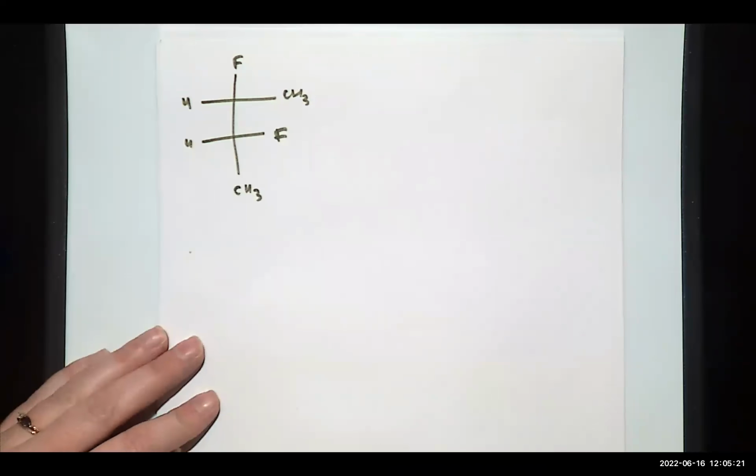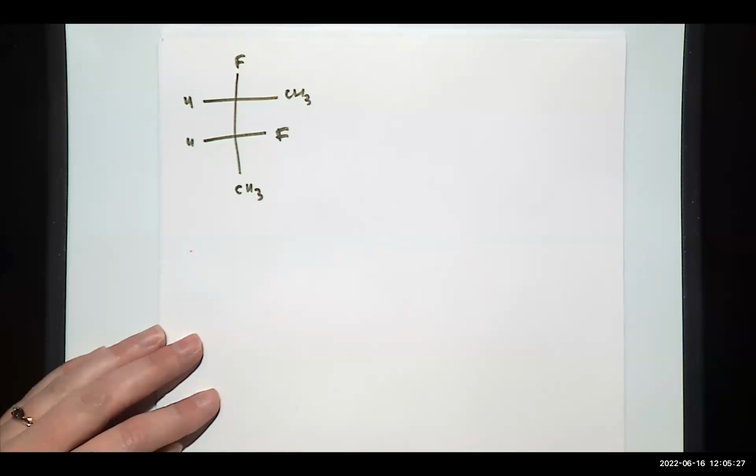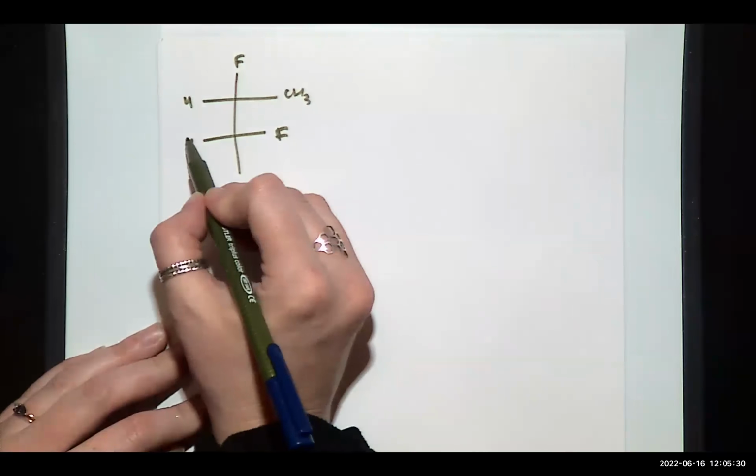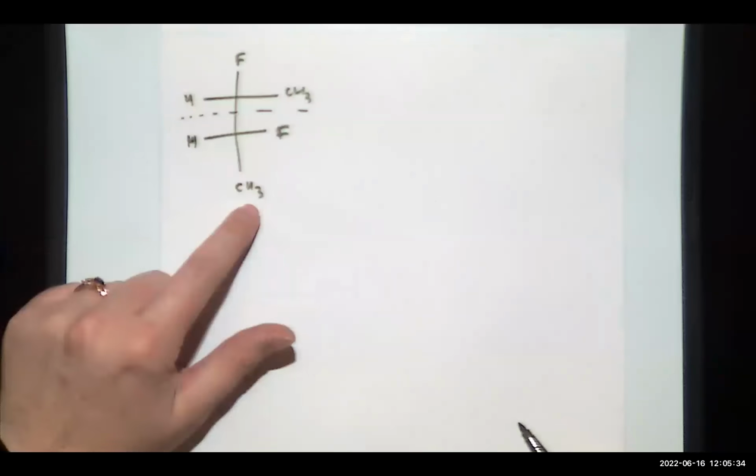Okay, is there a plane of symmetry in this molecule? I don't think there is, because these hydrogens are already lined up, but if you reflected the hydrogens across each other, then you get a fluorine and a CH3 not reflecting each other. So that's pretty easy to visualize.